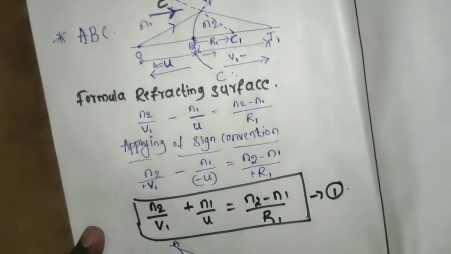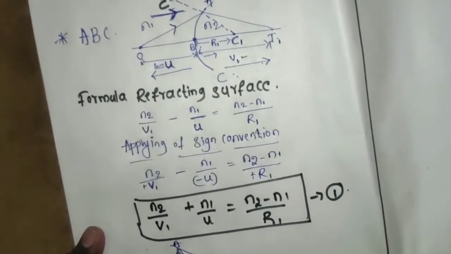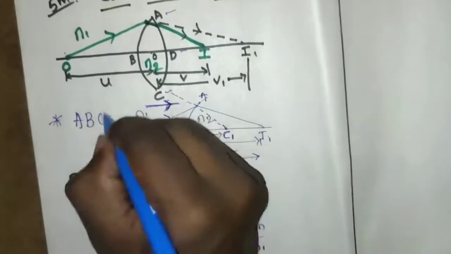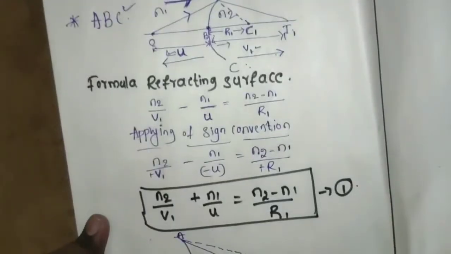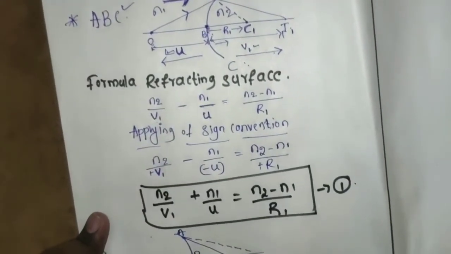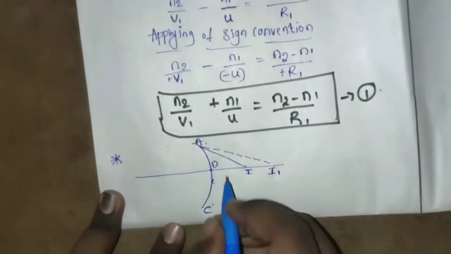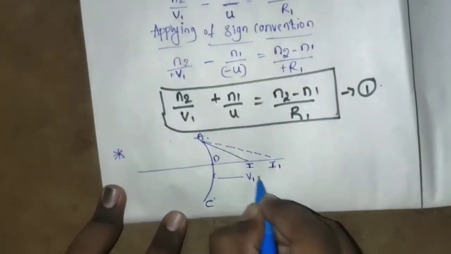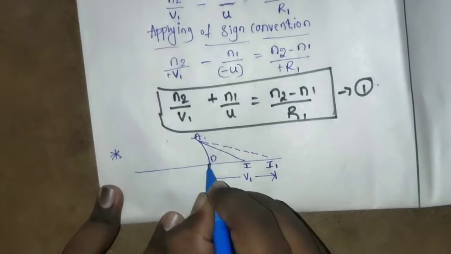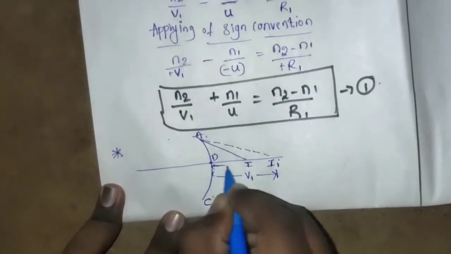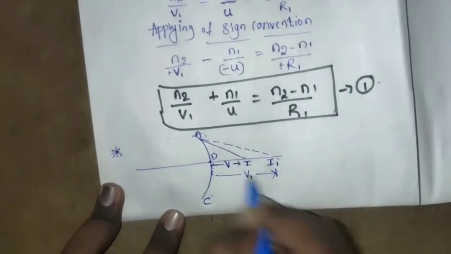This I1 is nothing but it is an image formed due to the surface ABC. The distance taken from the midpoint of ADC is V1, that is the distance measuring from D to I1, that is V1, and D to I, that is image distance, that is V.